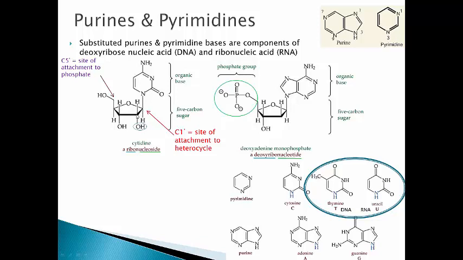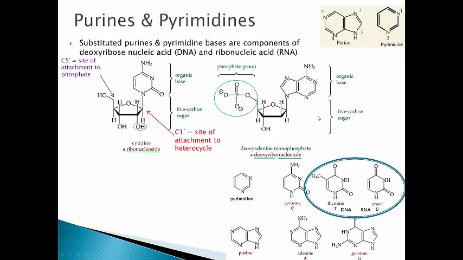On carbon 2, with a ribonucleoside, we have an OH. On carbon 2, in our deoxyribonucleotide, we do not have an OH. Okay, so you can see we have a deoxy. There is no oxygen coming off carbon 2. So that's where the deoxy comes from.